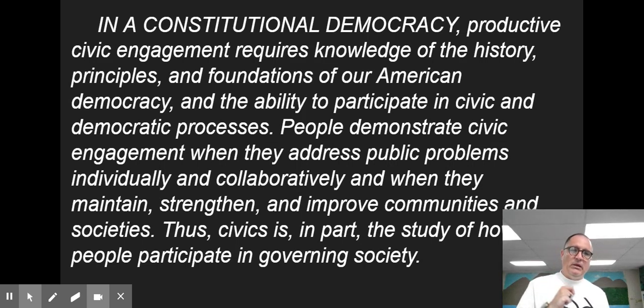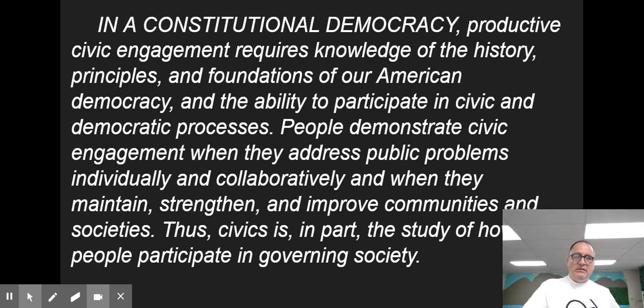This quote is actually, when you look at the National C3 civics frameworks, this is what you would see. In a constitutional democracy, productive civic engagement requires knowledge of the history, principles, and foundations of our American democracy, and the ability to participate in civic and democratic processes.